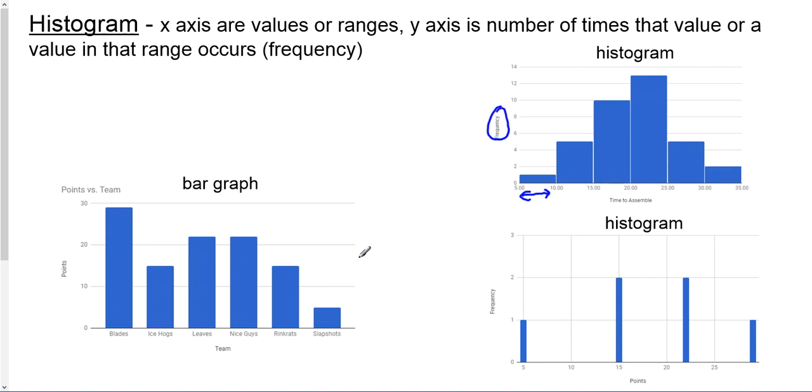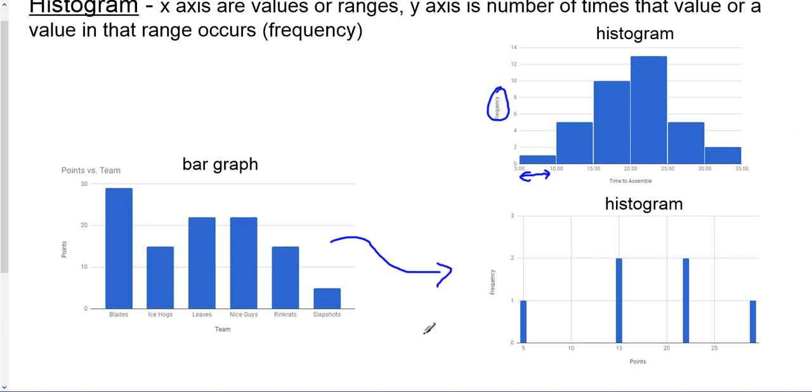Now we can take this data that we have in this bar graph and turn it into a histogram. We can take all of the possible values for the number of points and put them on the x-axis here: 5, 6, 7, 8, 9, 10, 11, 12, 13, 14, 15, and so on. Then we count how many teams have that number of points.